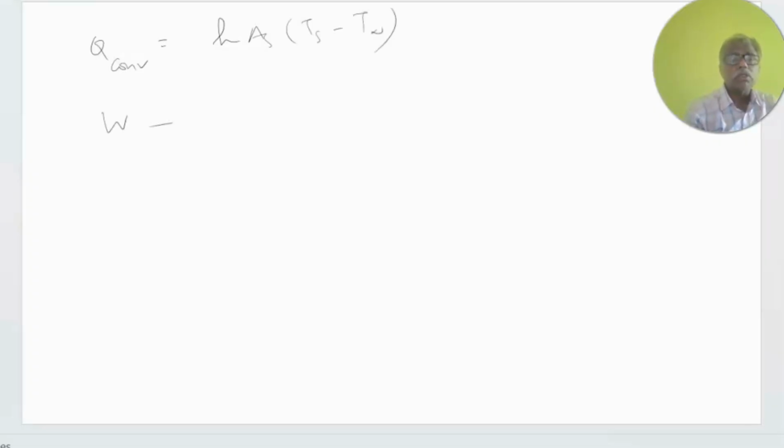The unit of Q is watts, H is what we have to find, the unit of area is meter square, and the temperature difference is in degree C or Kelvin. If you rearrange, the unit for H is watt per meter square degree C, or watt per meter square Kelvin.